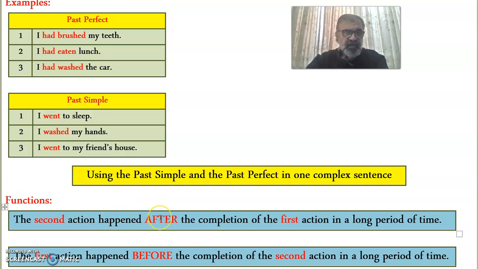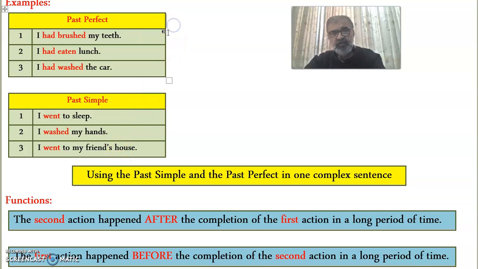As you can see, the two major link words or transitions that I am going to use are after and before. So simply, I had brushed my teeth. I went to sleep. So you say, after I had brushed my teeth, this is action one.